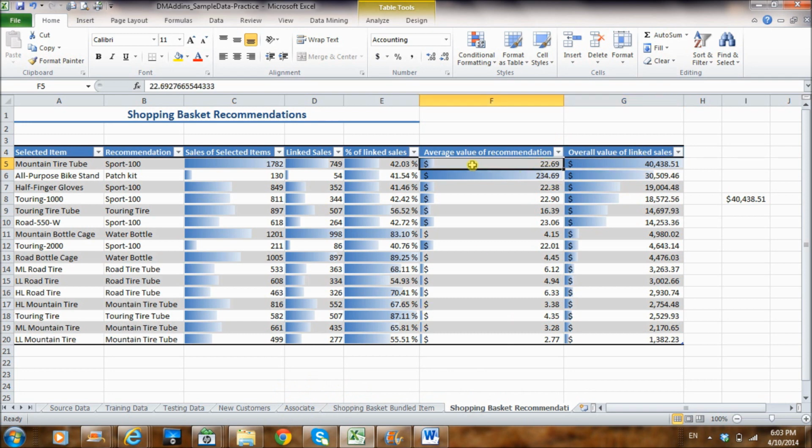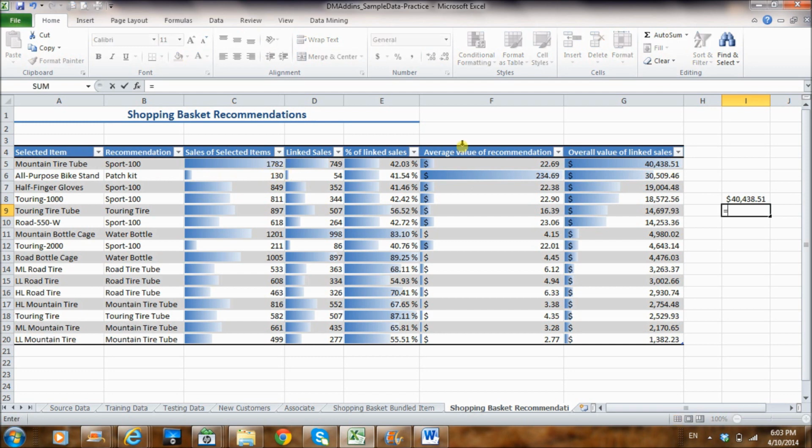This one is basically the average value of recommendation. This was acquired by dividing 40,438 by the number of all the transactions including the selected item, 1782. Okay, let me show you. So that was the total value divided by the number of sales of selected items.